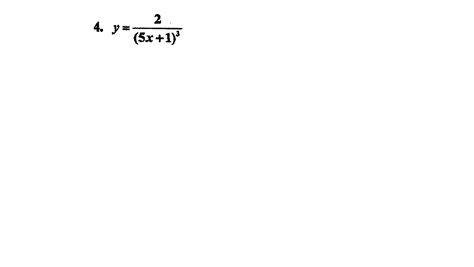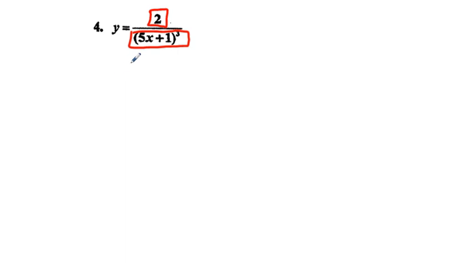Okay, now to problem 4. Now at first blush, this would look like a quotient of two functions. In fact, you could work it out. If we have this as a denominator and 2 as a numerator, we can go ahead and use the quotient rule for this one if we'd like, right?